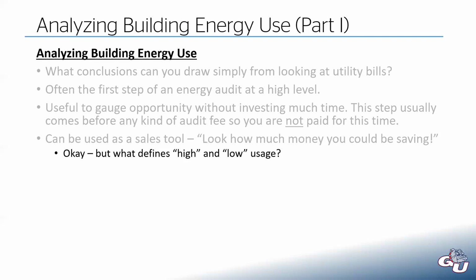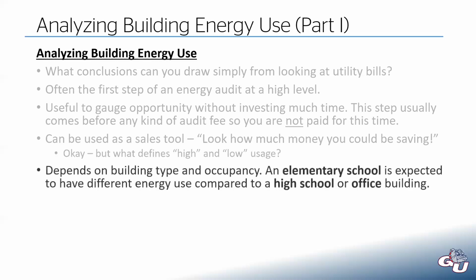But how do we define what's high and what's low in terms of energy use? Well, the first thing that makes a difference is what kind of building do we have? What kind of occupancy? As an example, an elementary school should be using a different amount of energy compared to a high school or an office building or maybe a lab type facility.